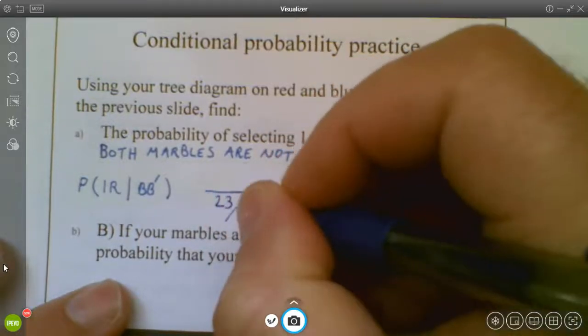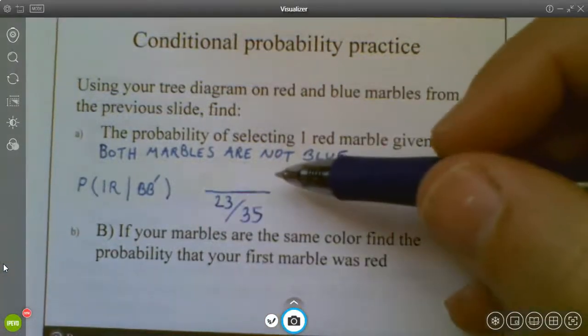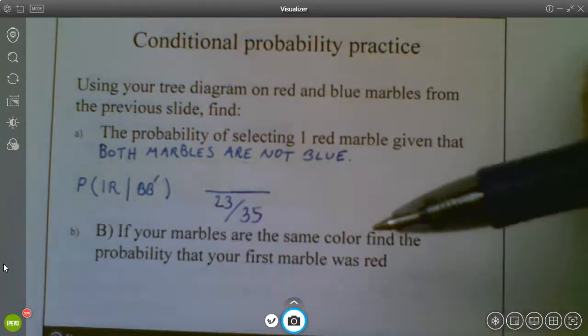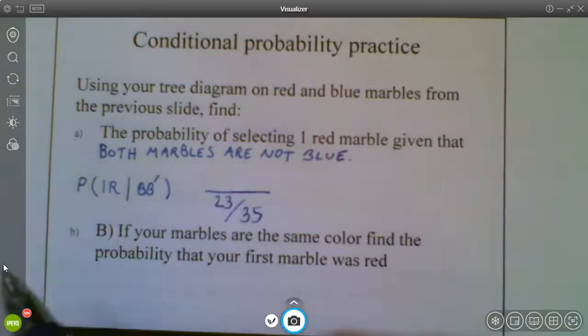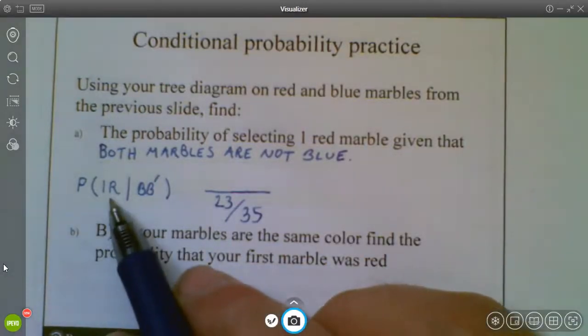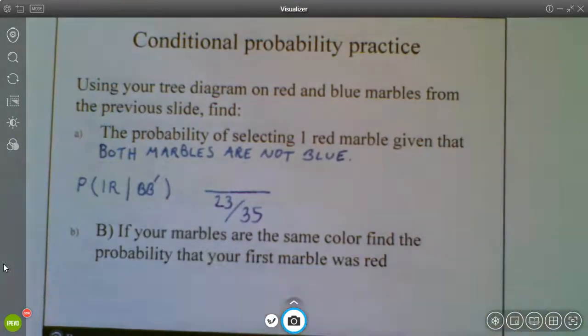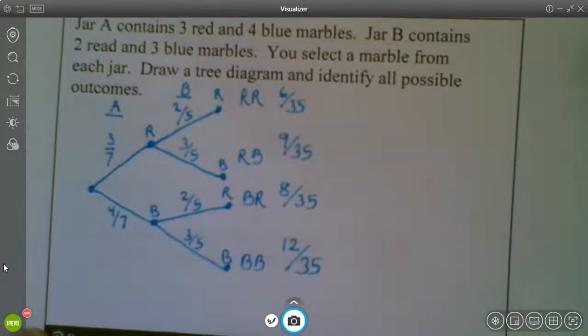23 out of 35 becomes your sample space. As far as the numerator is concerned, remember it's both conditions taking place. Our desired outcome is that I get exactly one red marble and do not get two blue marbles. Which of these fit that description?